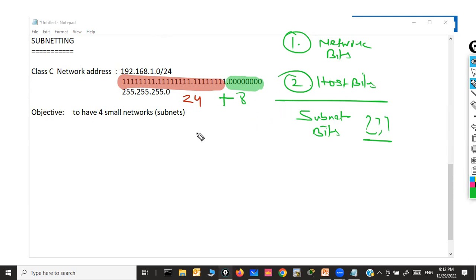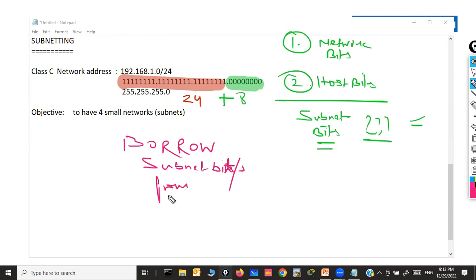But now there is a third term, the subnet bit, or subnet ID. So what we do in subnetting, and that's the first step, is borrow subnet bit or bits from the host portion or host bits. We cannot do anything with the network bits.